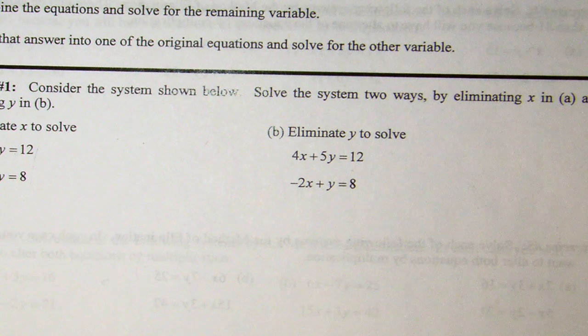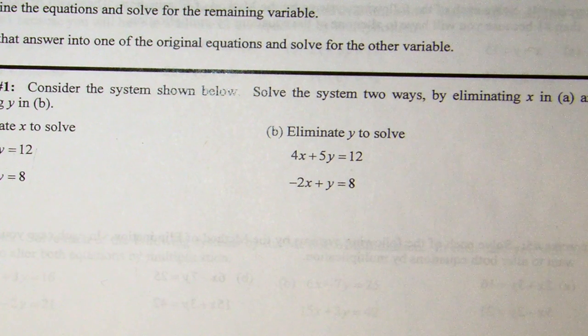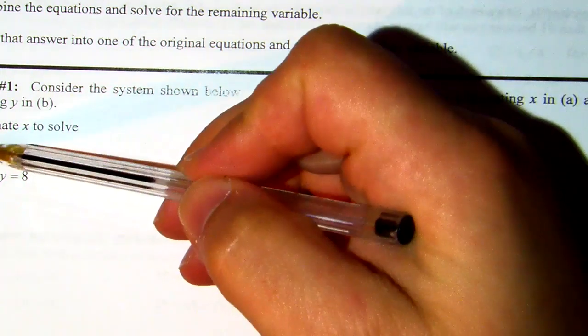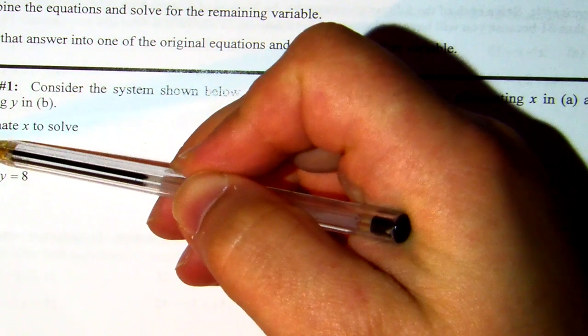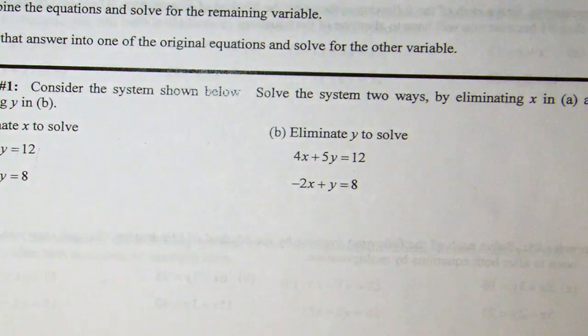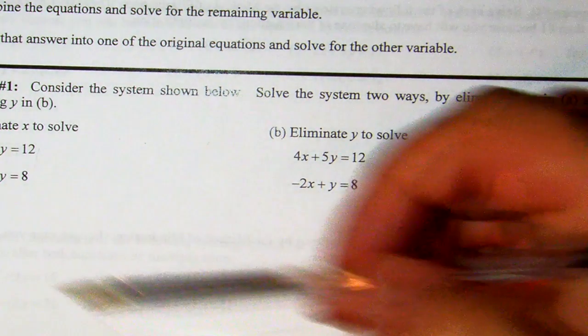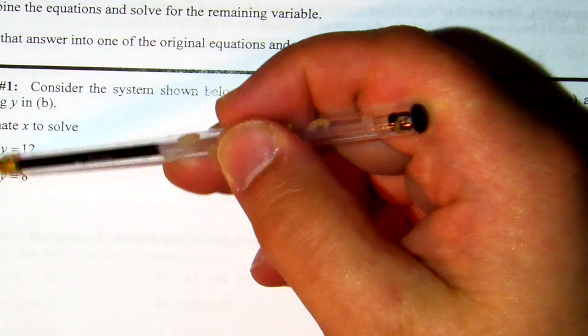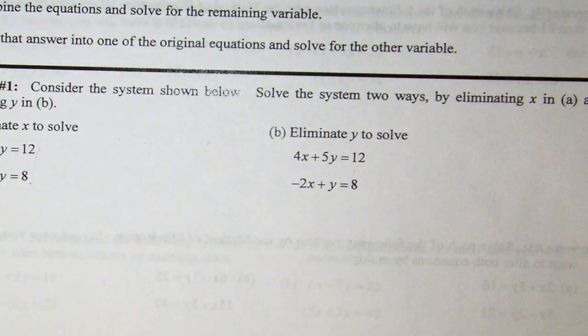Step 2 says multiply one or two of the equations by a number such that the coefficients have the same numeral but opposite sign. So here we're eliminating the x's. I see that this has a 4 and this has a negative 2. So I'm thinking to myself, I only need to multiply one of these equations by a number so that I get the same number in front of the x but the opposite sign.